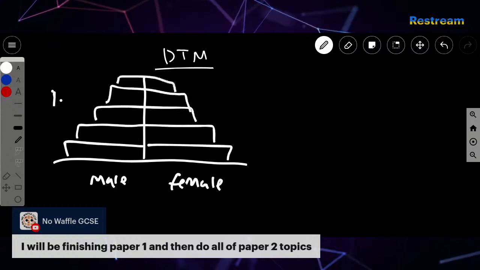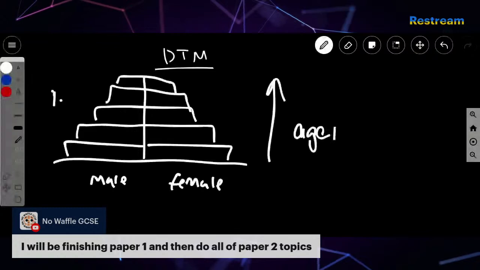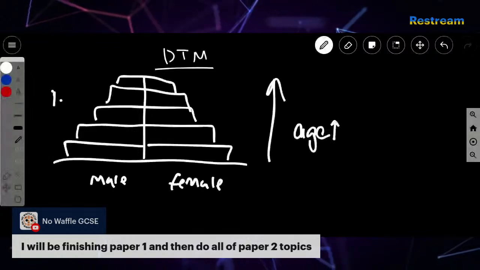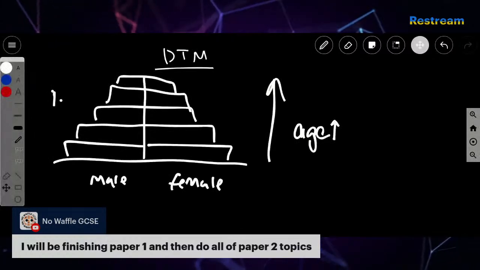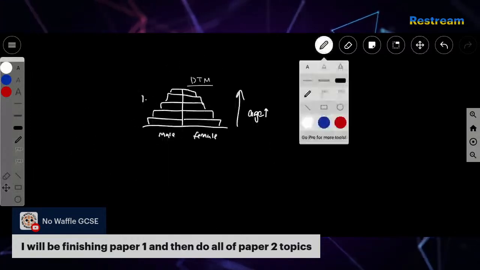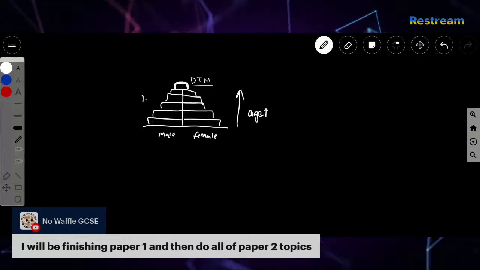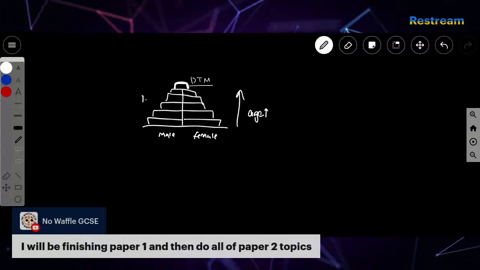As you go up the line, the age increases, and it shows how many people live at each age. So this is stage 1. This tends to be most populations, which just shows how it's high and fluctuating. There is a natural population increase.